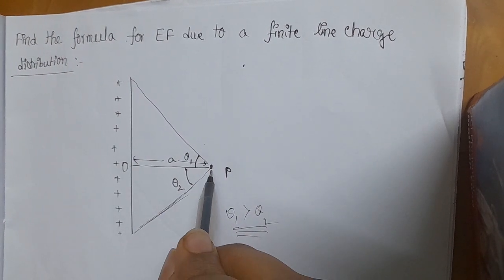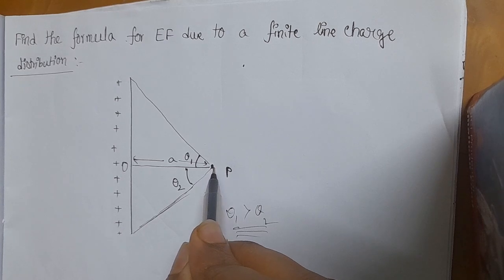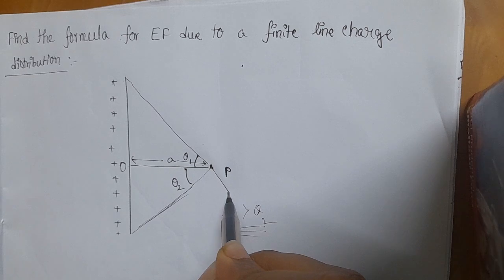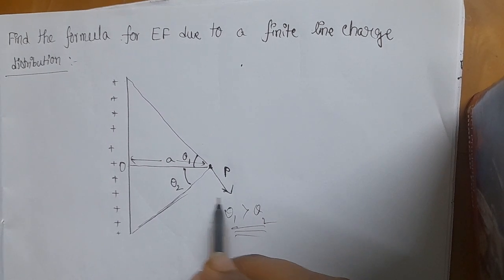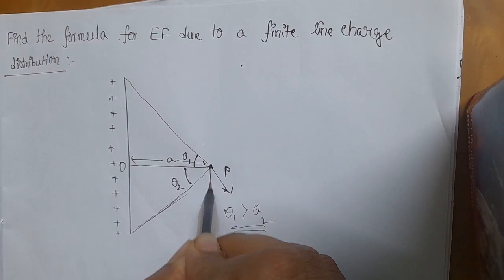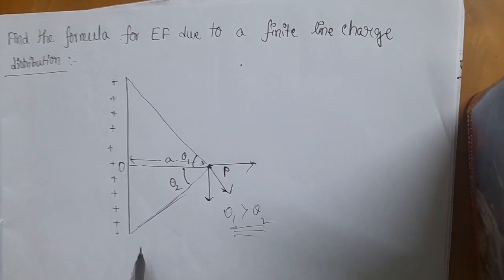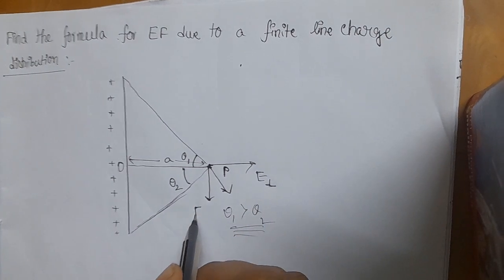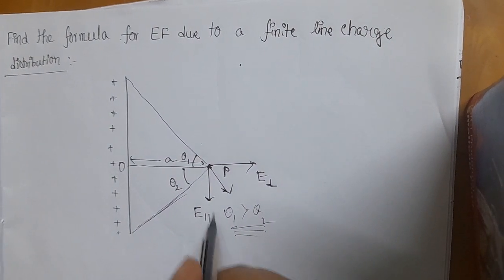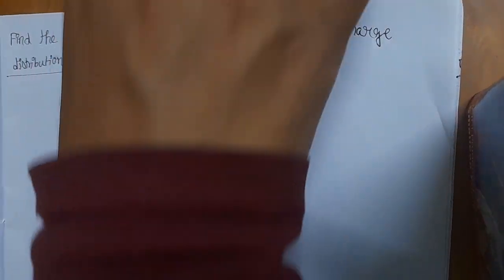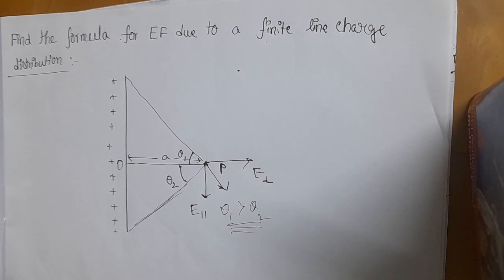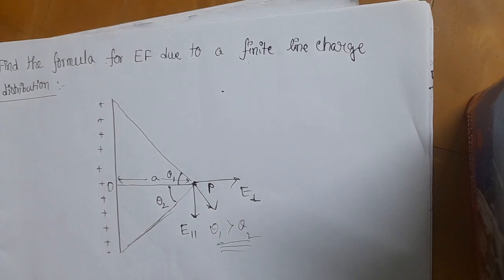So the net force that the test charge at this point P will experience will be in this direction. It can be further resolved into components, that is the perpendicular component of the electric field and the parallel component of the electric field, and we can evaluate them independently because parallel and perpendicular components are always independent of each other. Okay, so this is the background.